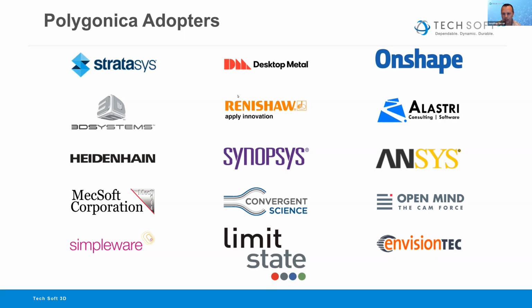Robotics companies are using this as well. Visualization companies are using it for simplifying their meshes to allow them to better visualize the heavy 3D mesh data in their graphics. So a lot of different applications and some really big names are using Polygonica to work with their mesh data.